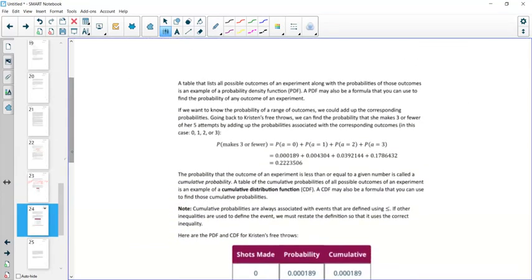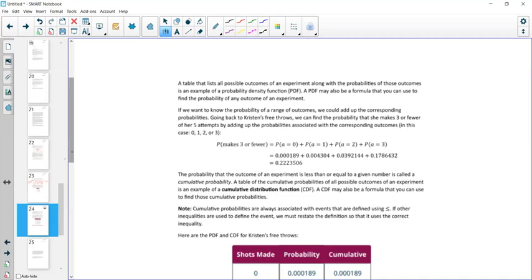A table that lists all possible outcomes of an experiment along with the probabilities of those outcomes is an example of a probability density function, a PDF, not the file type.